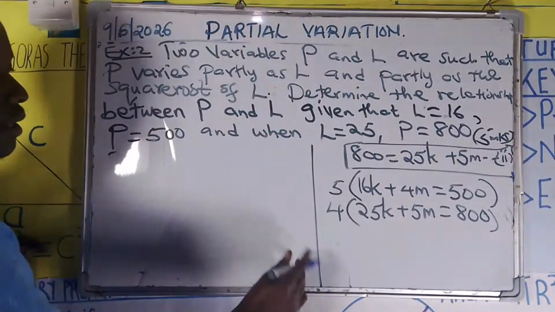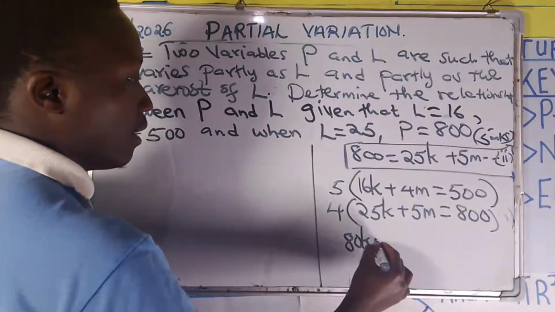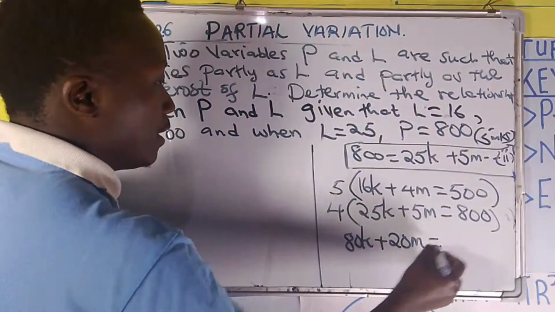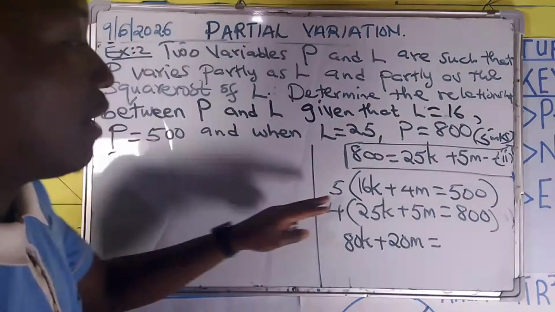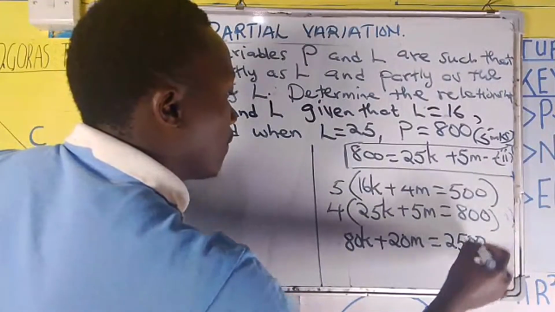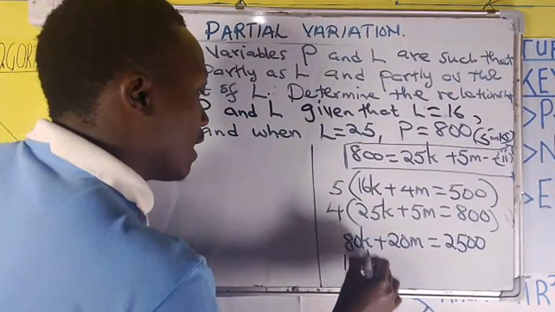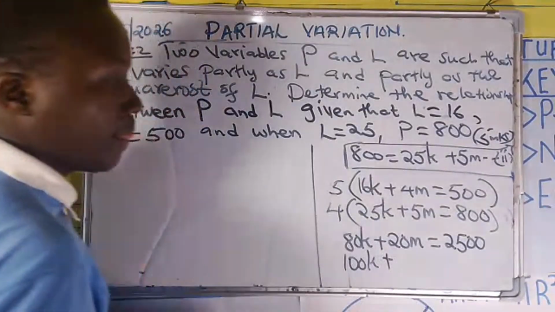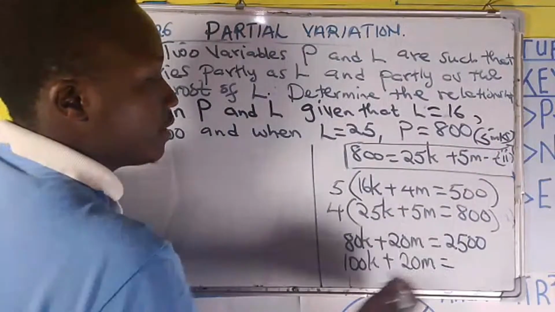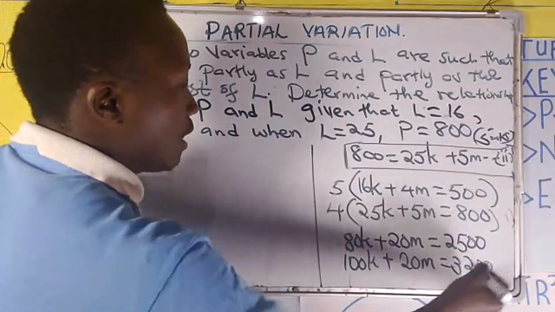Once we do that, 5 times 16K will be 80K plus 5 times 4M will be 20M is equal to 5 times 500 is 2,500, and 4 times 25K is 100K plus 4 times 5M is 20M is equal to 4 times 800 is 3,200.